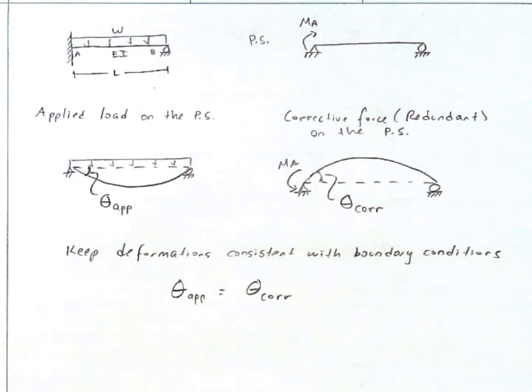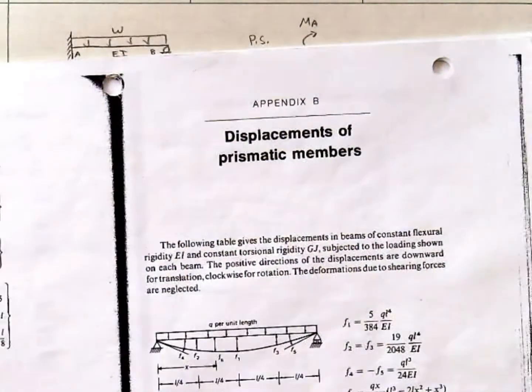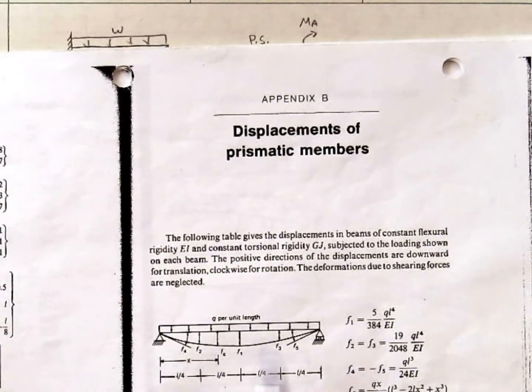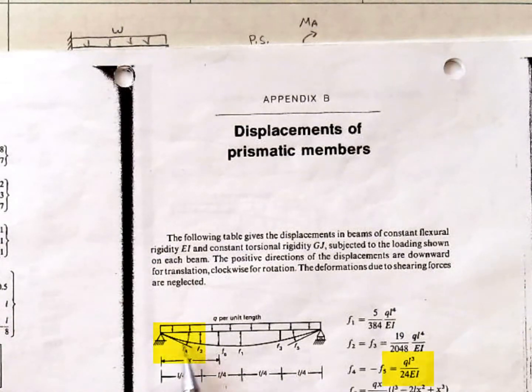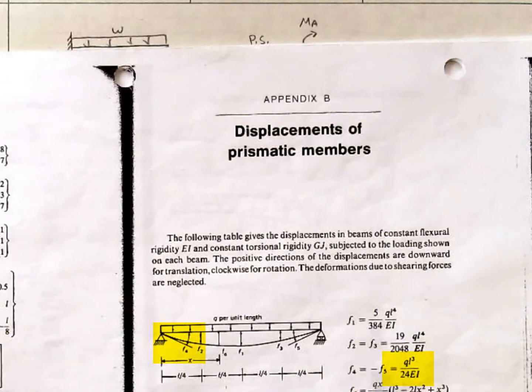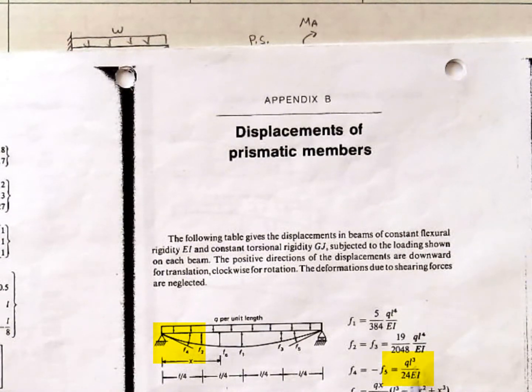If I look at my tables, I have here a simply supported beam, uniform load. The rotation at either of the ends, F4 or F5, are equal in magnitude. Our load is W, so WL cubed over 24 EI.